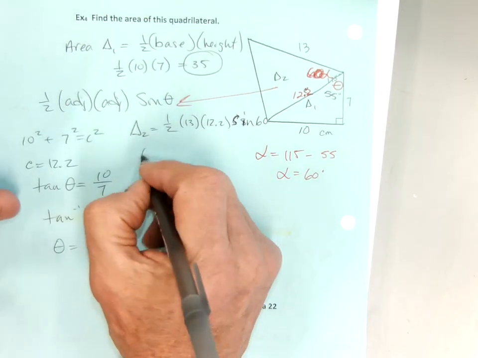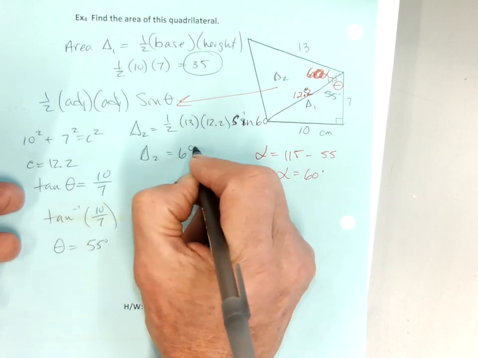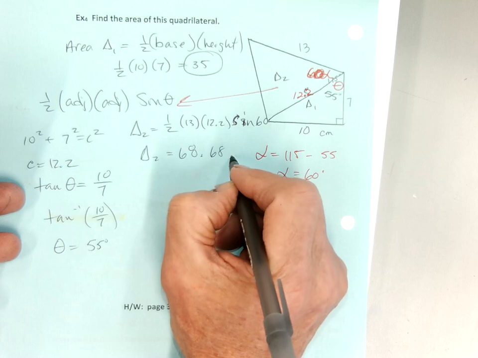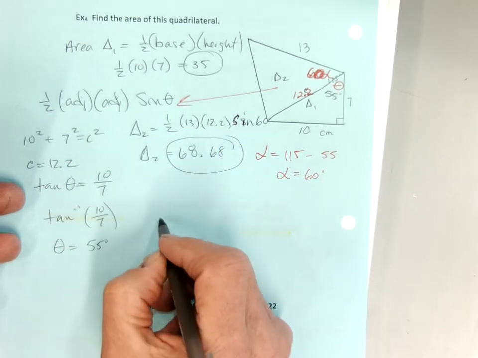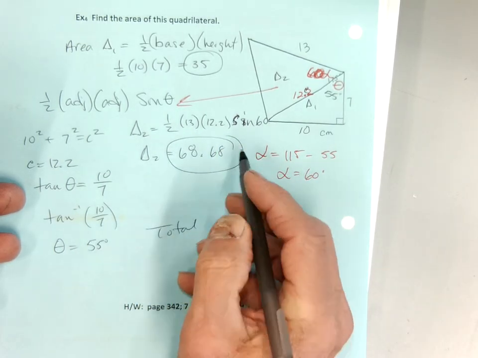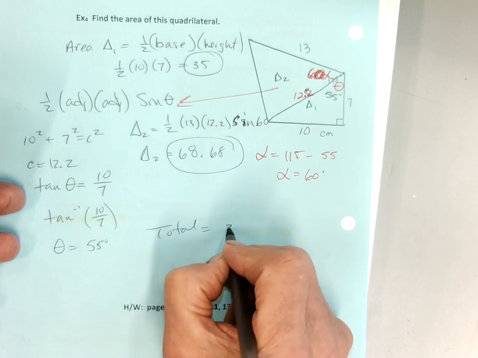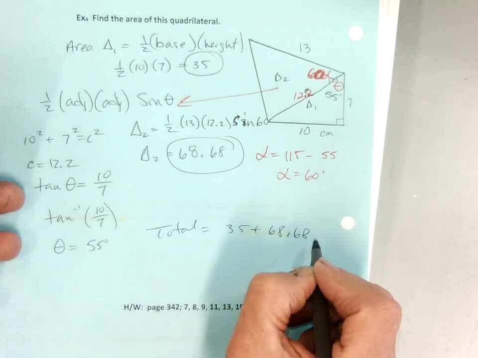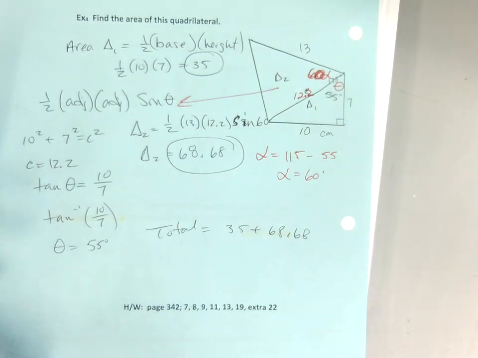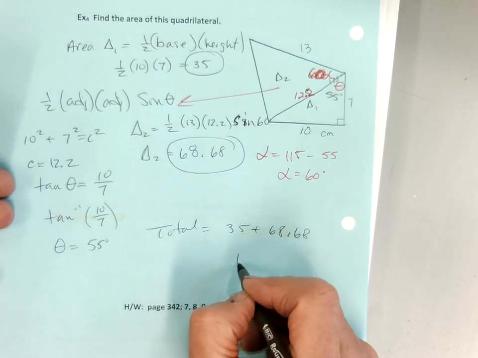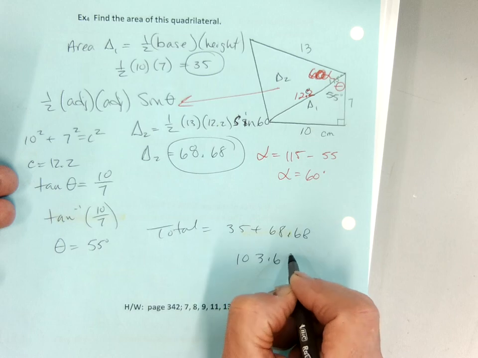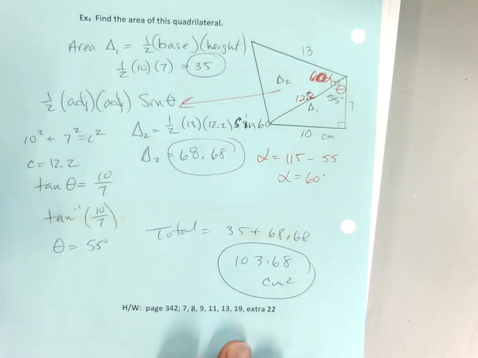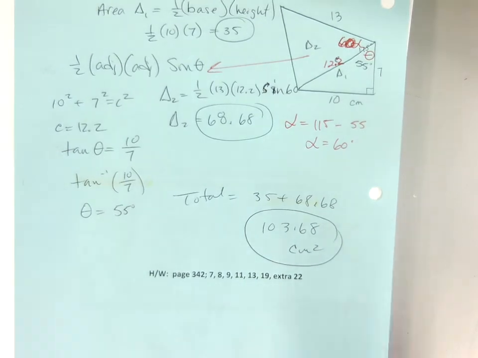So triangle 2 is about 68.7, we'll go 68.68. Circle that. Total, put these two together, 35 plus 68.68. 103.68 centimeters squared.